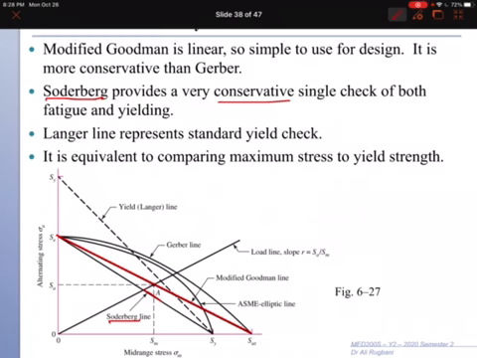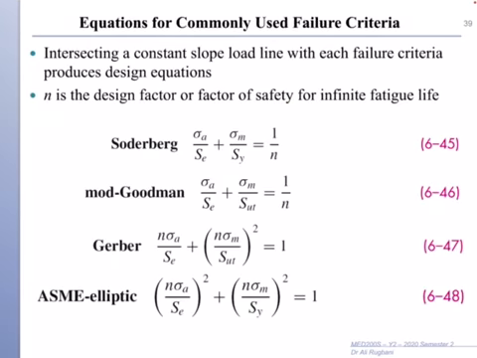Always also check for yielding using this line. And Modified Goodman, of course, as it's said here, is a simple check, simple to use, and more conservative than Gerber, but it is widely used to check for fatigue failure.